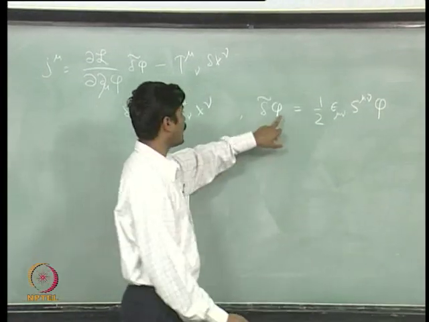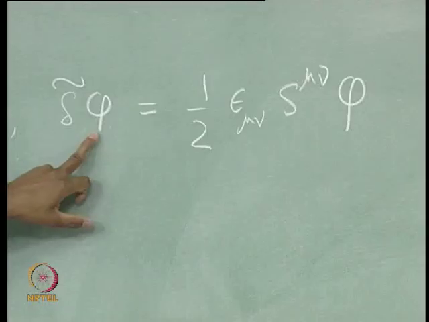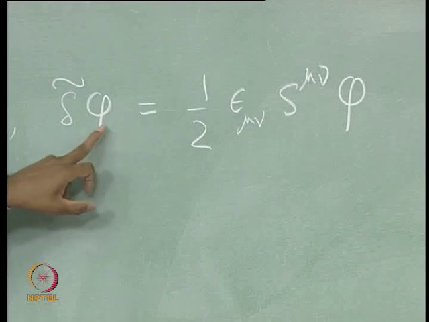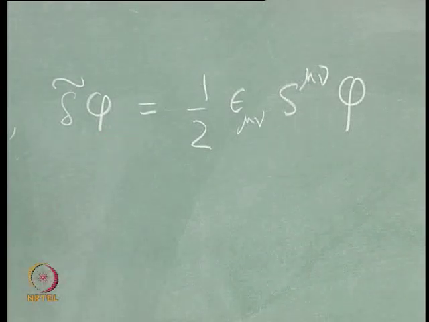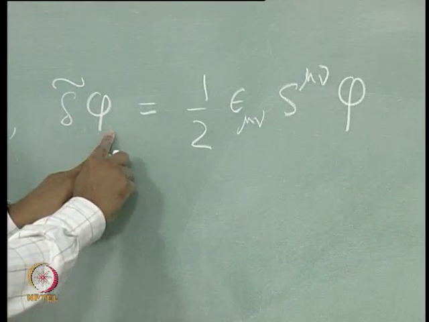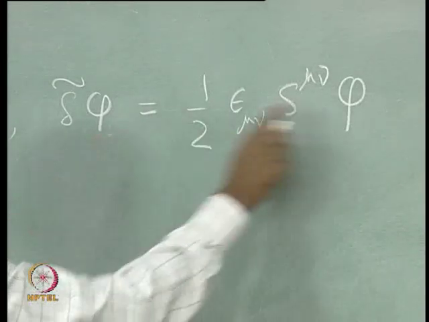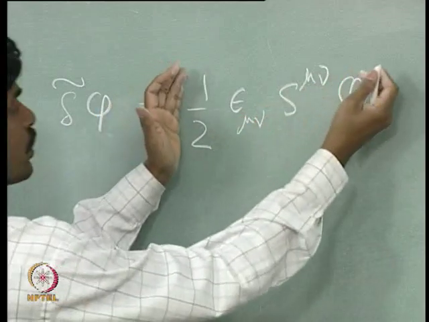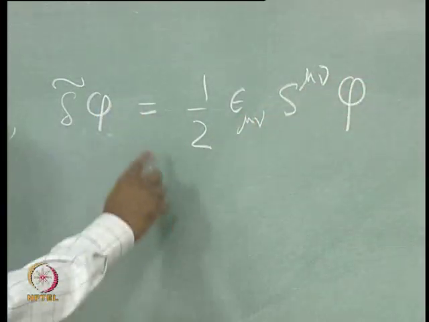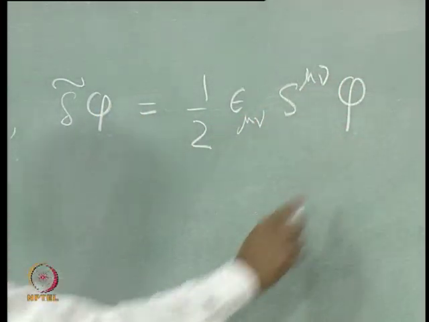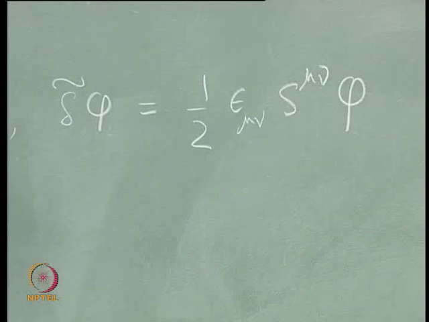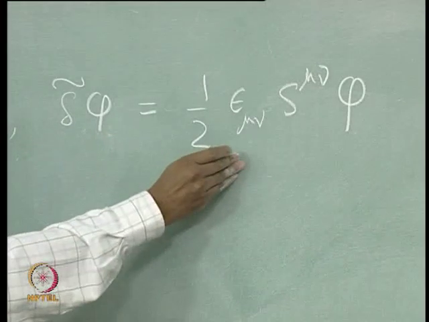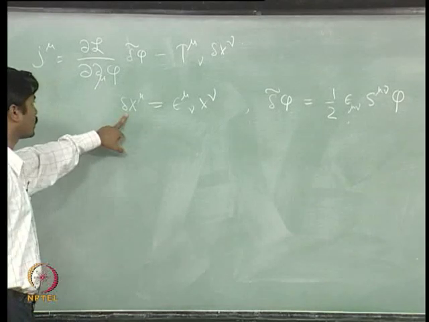In general, this φ will also carry some index. If it is a vector, it will carry one index μ. If it is a spinor, it will carry spinor indices. If it is a tensor, it will carry different indices, and so on. And accordingly, we have some transformation law, which I am writing in a compact way like this. So, this is how the field transforms, and this is the transformation of the coordinate.